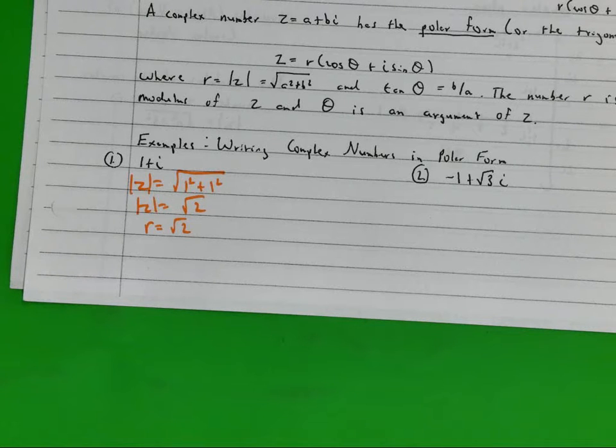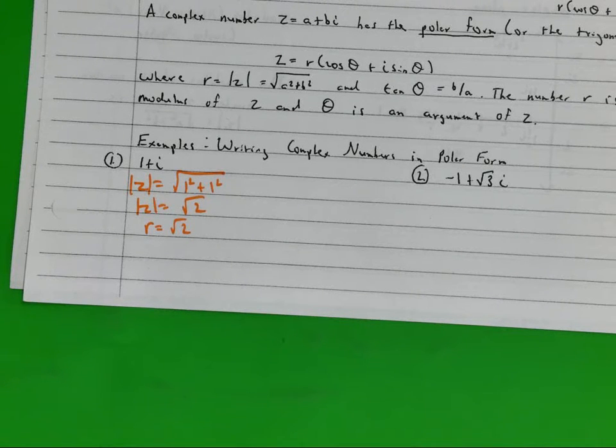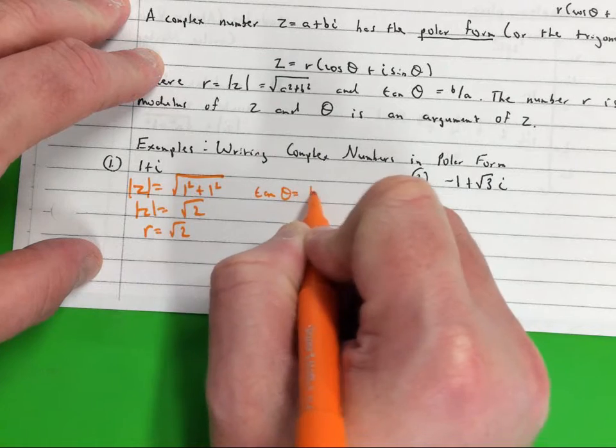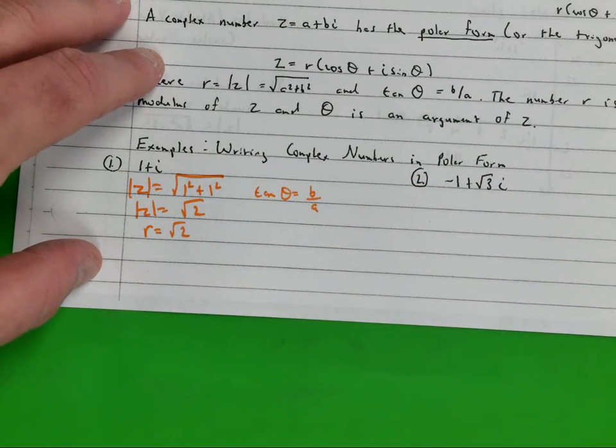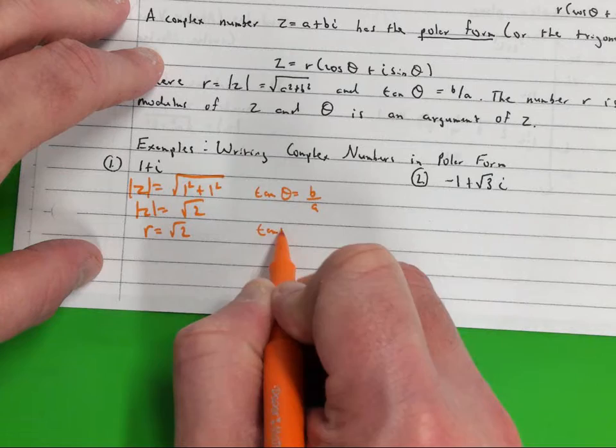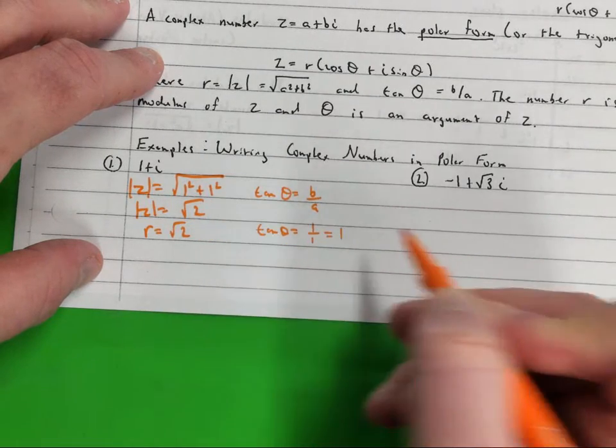What have we been treating as a y coordinate, a or b? b. It's going to be b divided by a. Tangent of theta equals b over a. So you get tangent of theta equals 1 over 1, which is equal to 1.